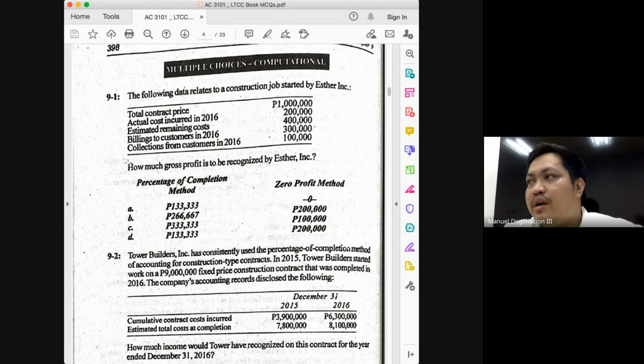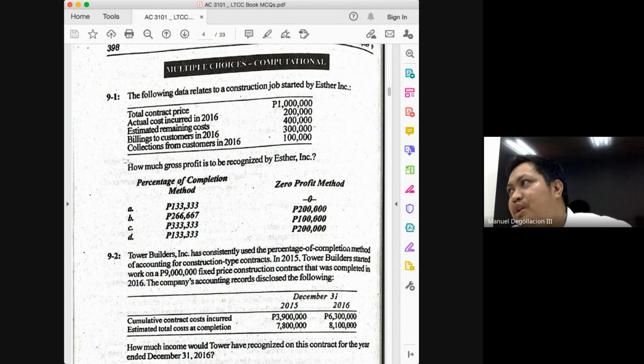By the way, class, the 400,000 is the estimated remaining cost. How else will that normally be presented in the problem, class? That could be labeled as your cost to complete. And that is what I emphasized earlier. Problems will normally be using the terms cost at completion and cost to complete.